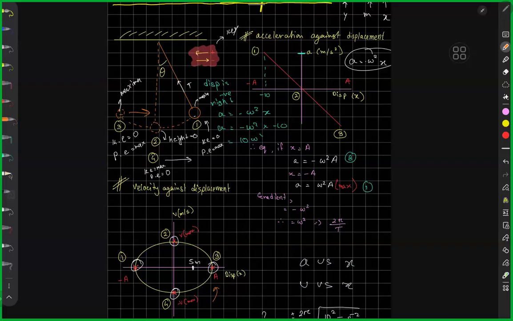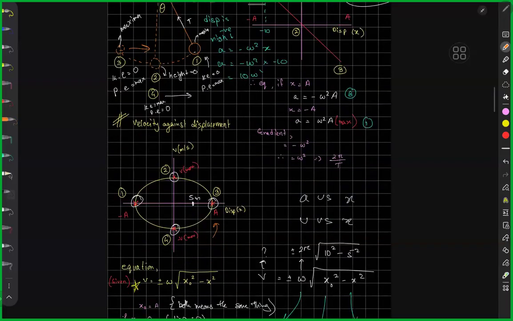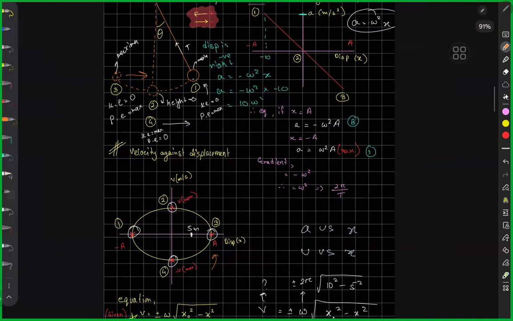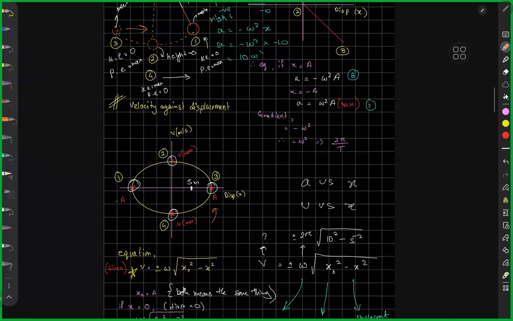Notice negative. So at position 4, my velocity will be maximum because this is where kinetic energy is maximum. Because all of that potential energy transferred into kinetic energy at the lowest position. So it's simply a game of transfer of energy. So basically, at position 4, again, I have the maximum velocity, but in what direction?